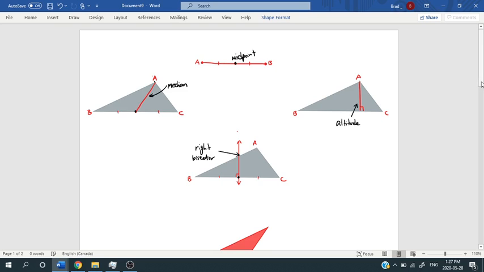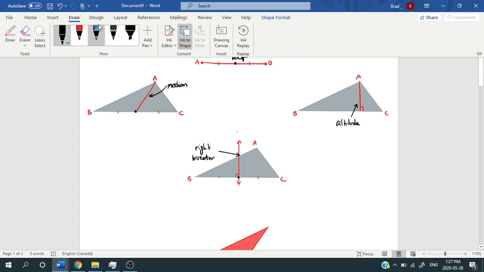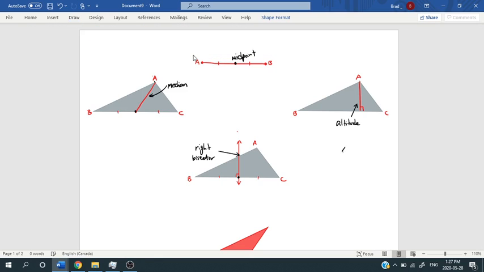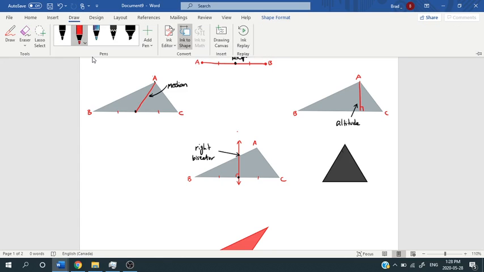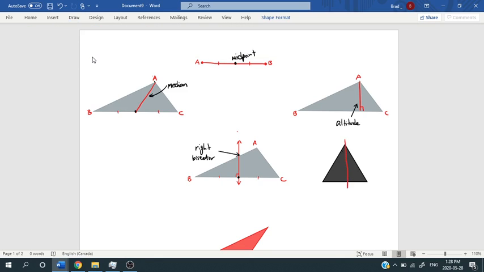Now, you may have triangles where something is both a median and a right bisector, or maybe even all three. So for instance, let me give you an example of that. Let's take an equilateral triangle like this. If I were to draw this line right here, you'd see that that is definitely a median, right?